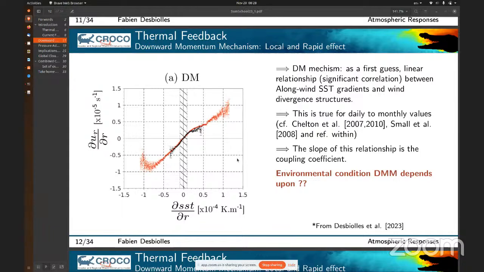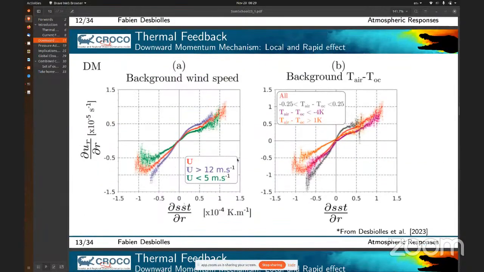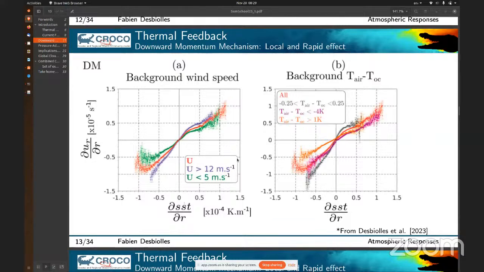So that plot has been made on the global ocean, and the first question that we can ask ourselves is whether there is any environmental condition that can favor this coupling, actually the effect of the background atmosphere on this coupling coefficient. And this is what I show on the next slide.